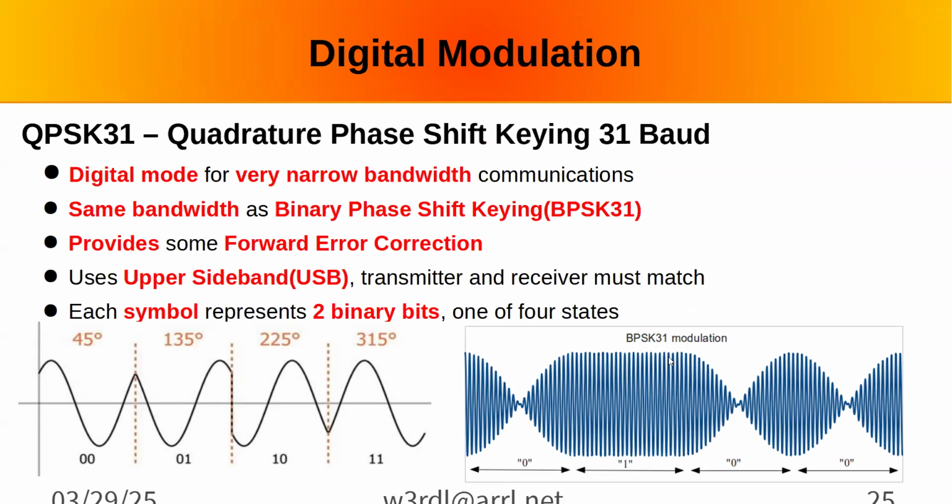Okay, QPSK31. It's PSK31 with quadrature phase shift, where PSK31 by itself is binary, 1 and 0. This does 4 states, and it's phase shift as opposed to frequency like FT8. So you get a 45, a 135, a 225, or a 315 phase, depending on the state of the 2 binary bits.